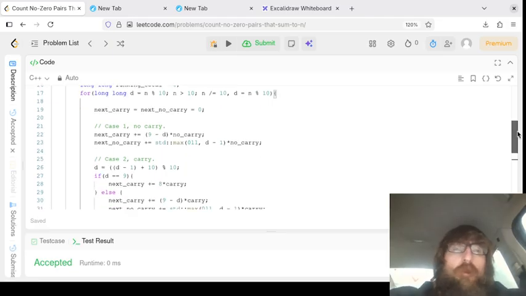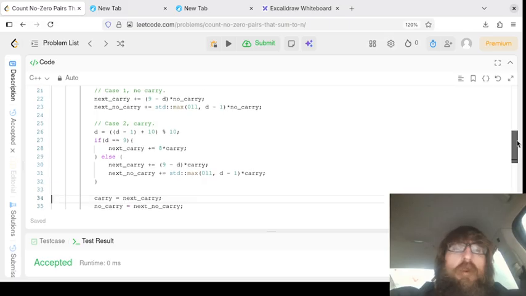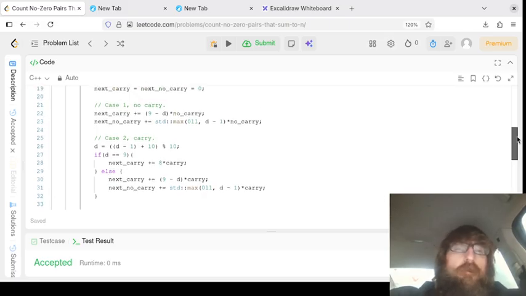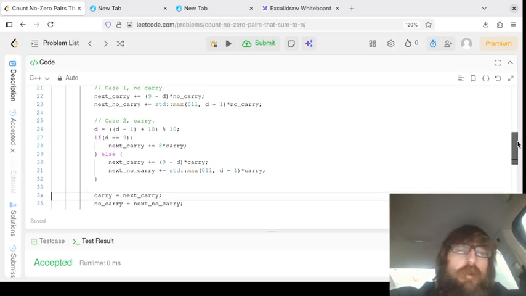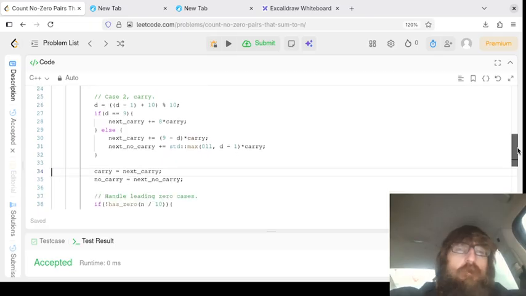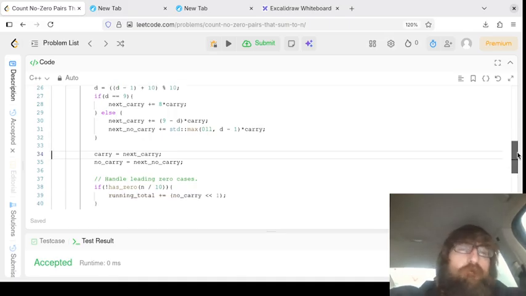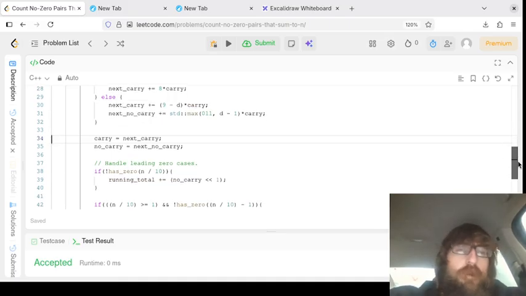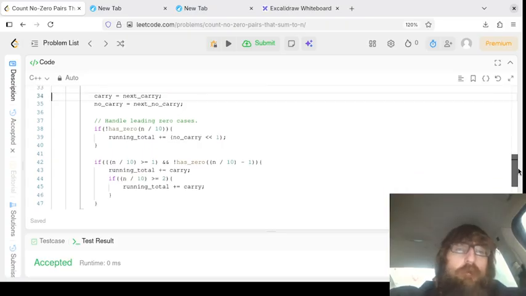We loop through every digit from right to left, least significant to most significant, without processing the last digit in this loop. Set the next carry and no carry to 0. Update next carry, next no carry with the no carry case. Perform the update with the carry case with some care for the logic.